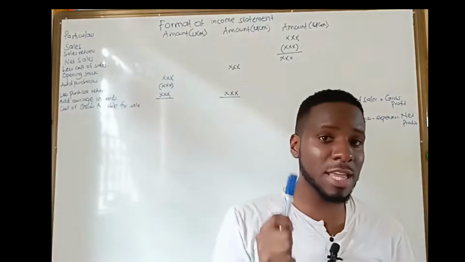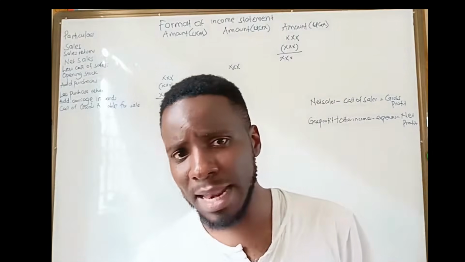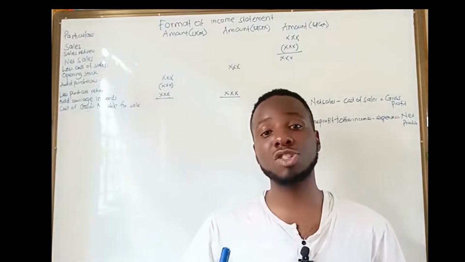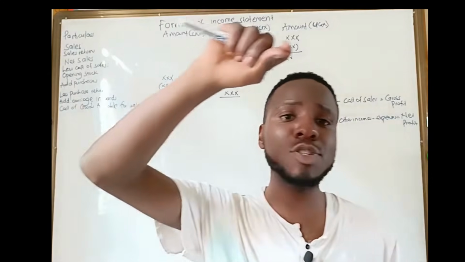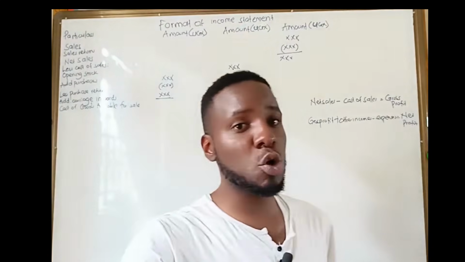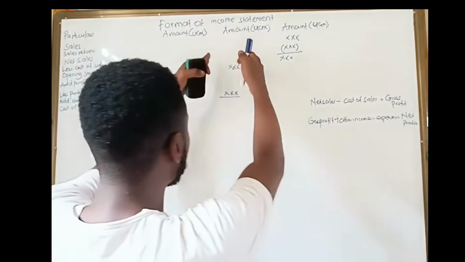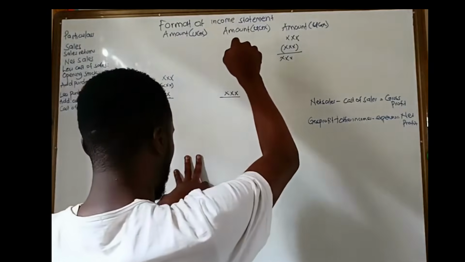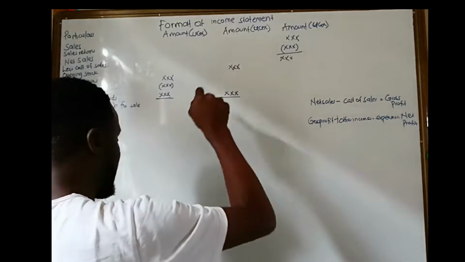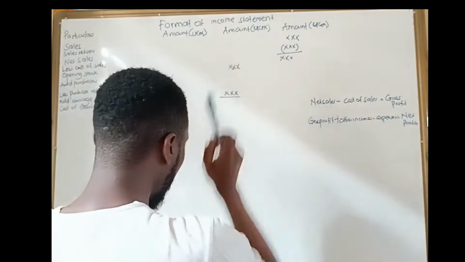Now, the stock that you have as a closing balance in the previous year becomes your opening balance in this new year. So my opening stock is part of my cost of goods available.